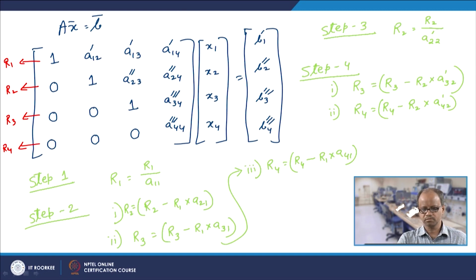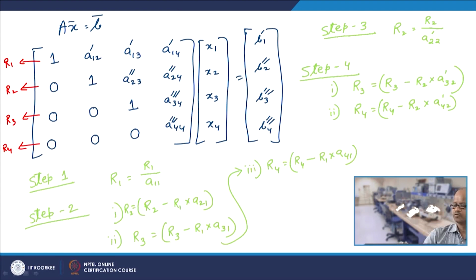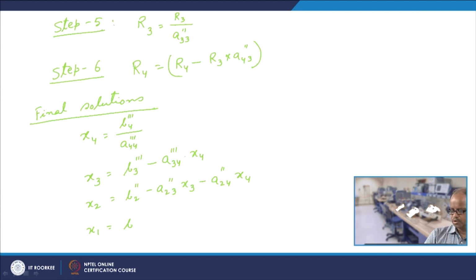So x2 would be B2 double dash minus this into this minus this into this, and all these are known, and x3 and x4 we have just now calculated from here. And x1 would be essentially from this equation B1 dash minus A12 dash x2 minus A13 dash x3 minus A14 dash x4.